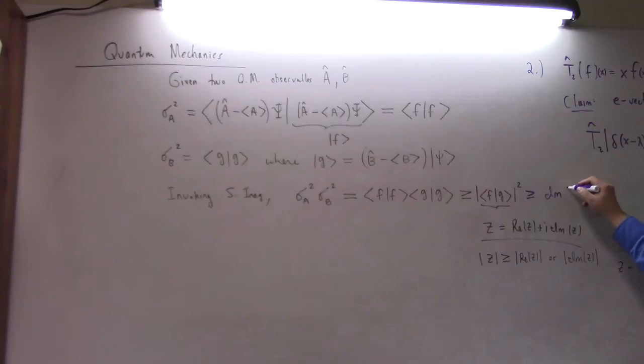So the imaginary part of Z. But that is equal to 1 over 2i, and we get, let's go, the inner product of F with G minus its conjugate, all of that squared.